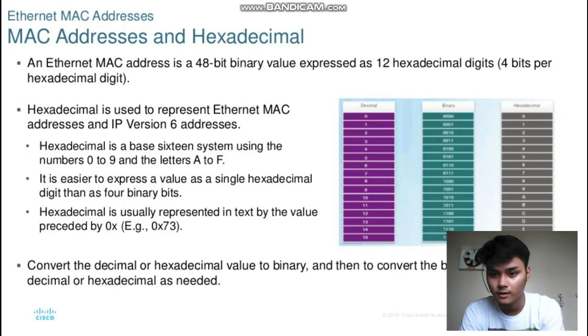For decimal 0, we have 0000, and if you convert decimal 1 to binary, we have 0001, and for decimal 2, we have 0010.